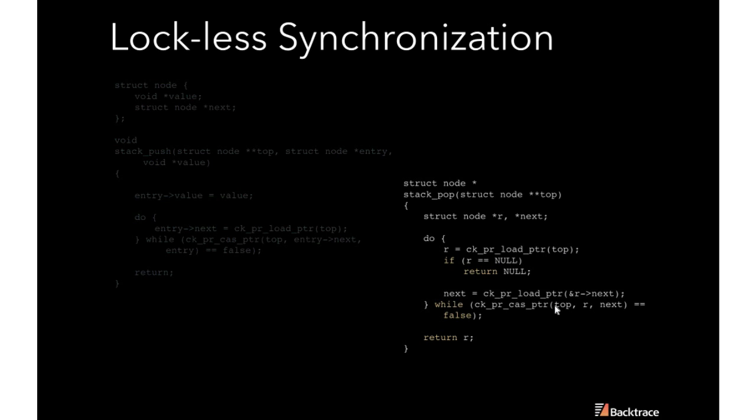If the top of the stack hasn't changed, then go ahead and set it to the next node. Again, we have lock-free progress guarantees here. Assuming you don't do things like use dynamic allocations, or if you're using a garbage collected language, then you have a lock-free stack implementation here. There are still some issues around memory management, and we'll get into that shortly.